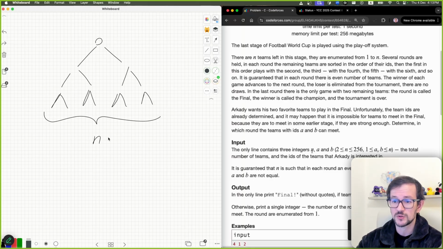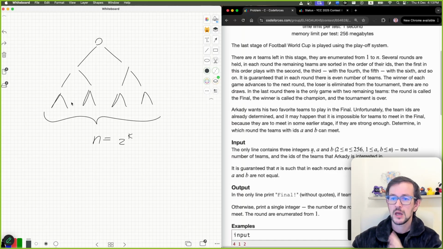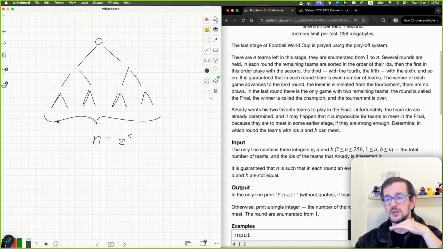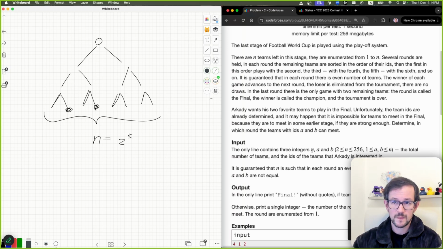So basically it tells you that the number is some power of 2. We're given 2 teams, and we need to figure out in which stage of the tournament they may play each other. For example, if we pick these 2 teams, then they will play in this stage of the tournament.